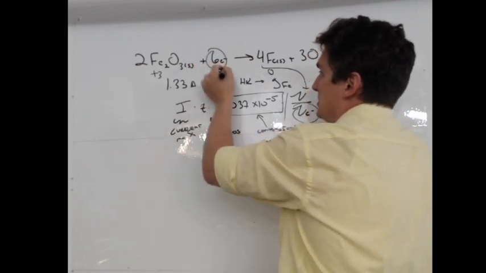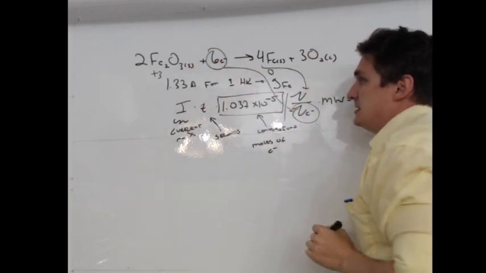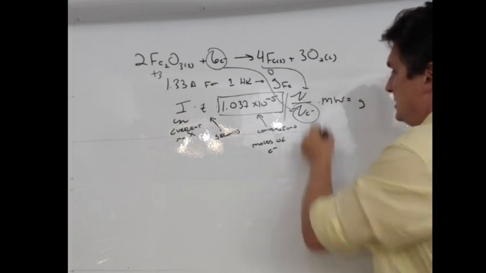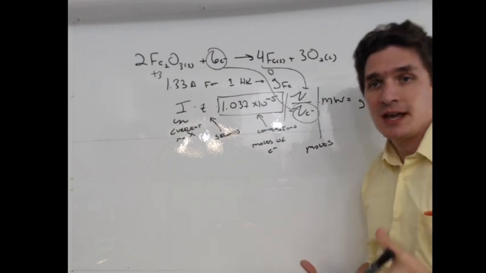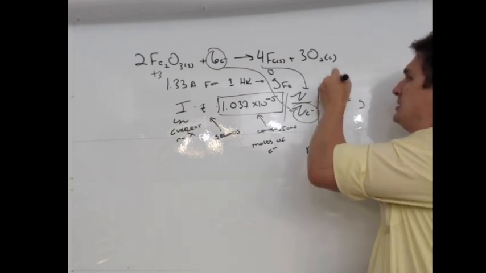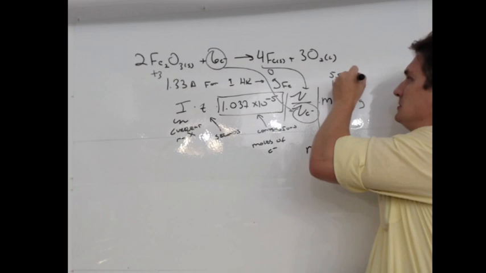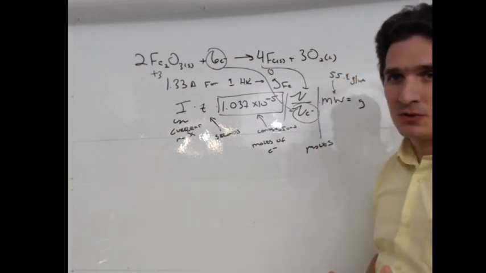So in this half reaction, the 6 goes down here. And at this point, you're in moles of whatever you're interested in, in this case, iron. So your molecular weight here, I think, is 55.6 grams per mole. That's just a unit conversion.